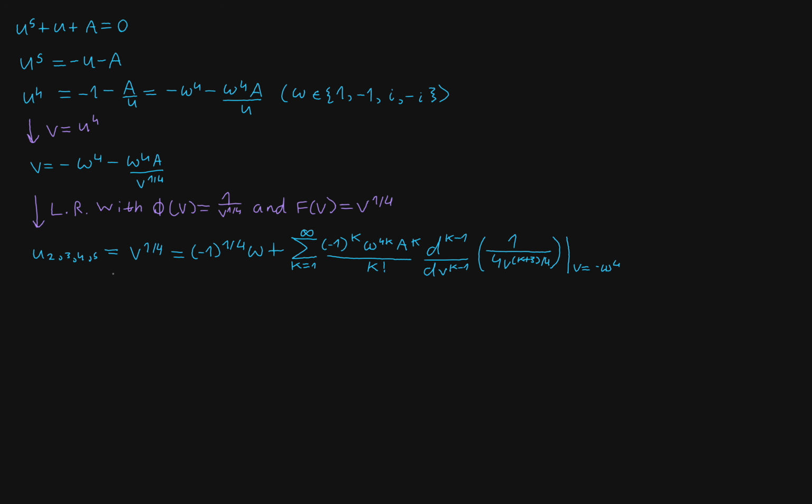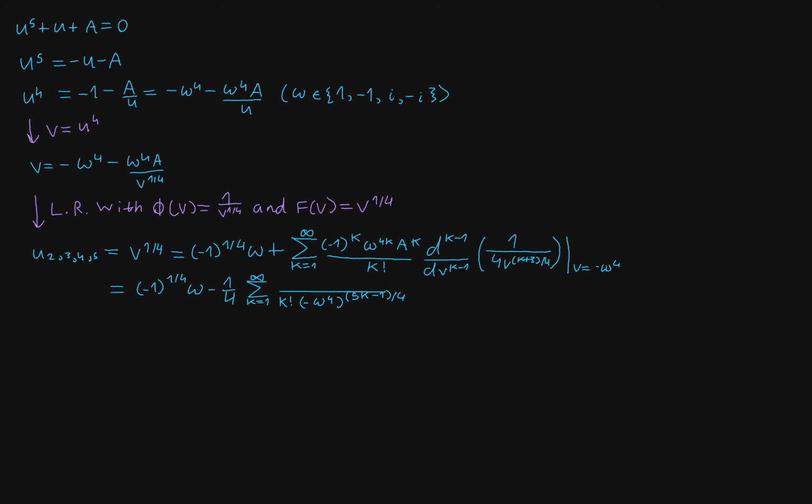So now, all you have to do is expand and rewrite this. We're going to have minus 1 to the 1 over 4. When I talk about this, I mean the principal solution of the fourth root, that's why we have power 1 at the top. Times omega minus, you can factor out a 1 over 4 here, the sum, k from 1 to infinity, of, let's rewrite from the denominator first: k factorial times minus omega to the 4 to the power of 5k minus 1 over 4.